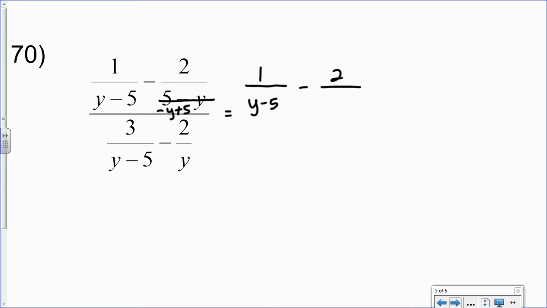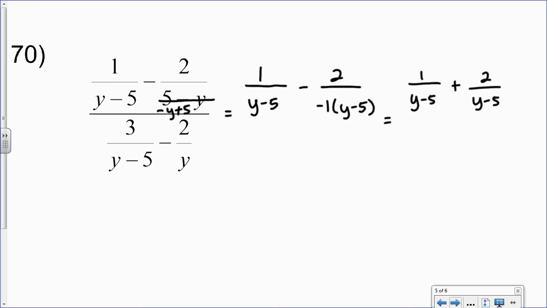And then what I'm going to do is factor out a negative 1, because when I factor out the negative 1, I get y minus 5 and y minus 5. Okay, so hang with me still. A negative and a negative is what? Positive. So really, I can write that as 1 over y minus 5 plus 2 over y minus 5.